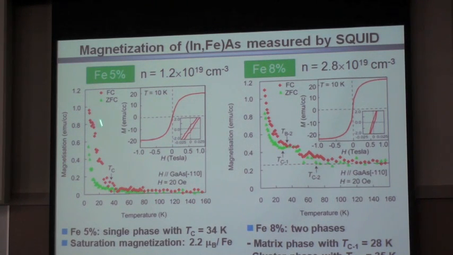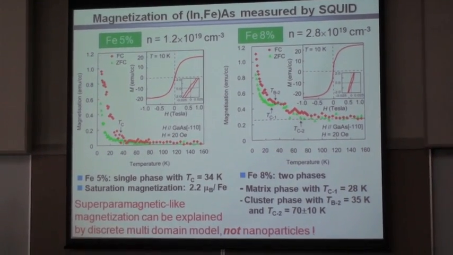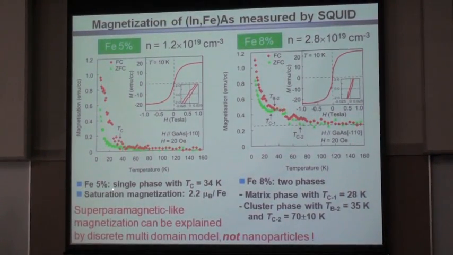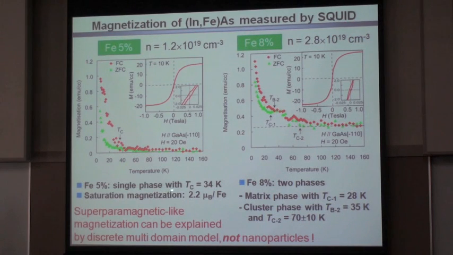For the sample with lower electron concentration, the magnetization-temperature curve shows a linear increase of magnetization with decreasing temperature. This monotonous increase shows single-phase ferromagnetism with a Tc of 34 Kelvin. And this is the magnetic hysteresis. From the saturation magnetization data, we have 2.2 Bohr magnetons per iron.